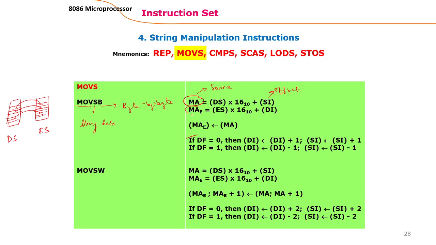And the destination address will be given by extra segment multiplied by 16 plus DI, the destination index.